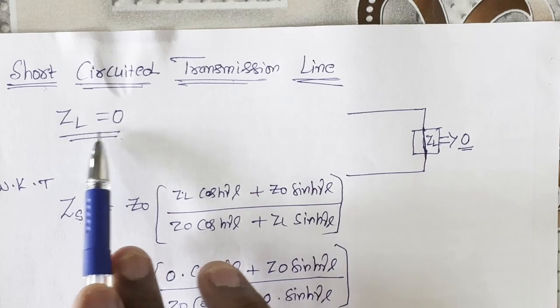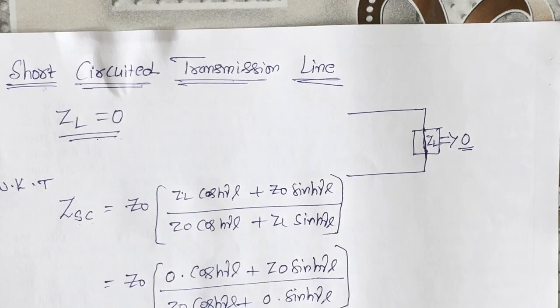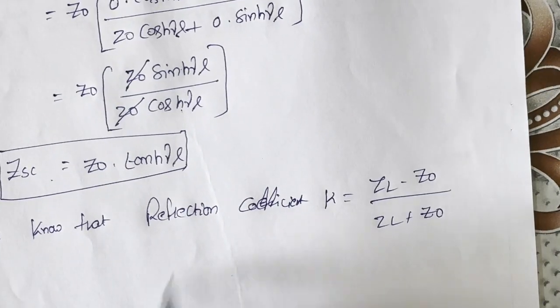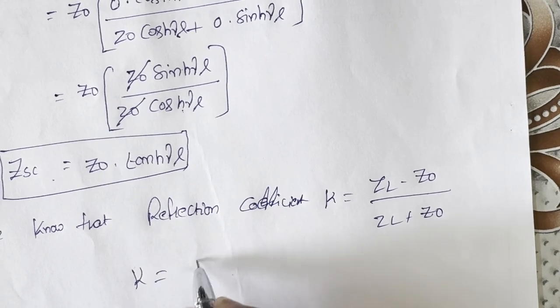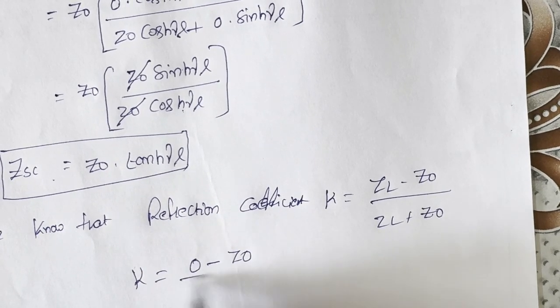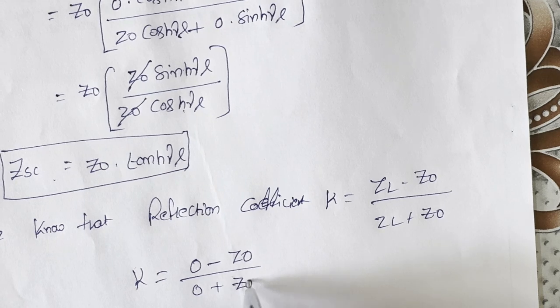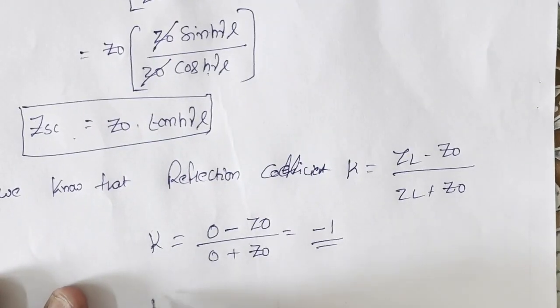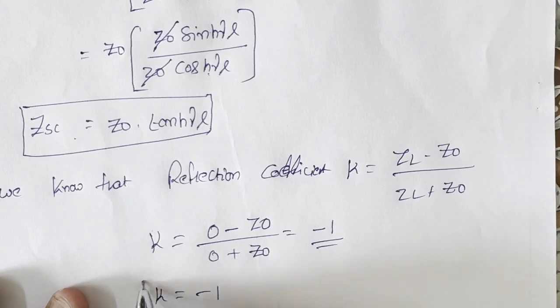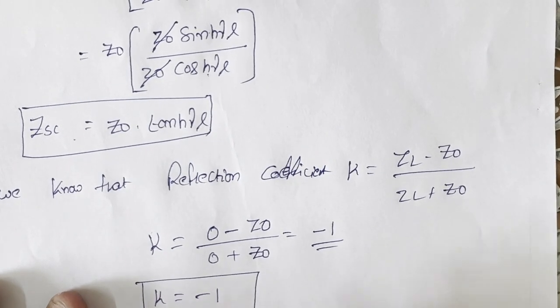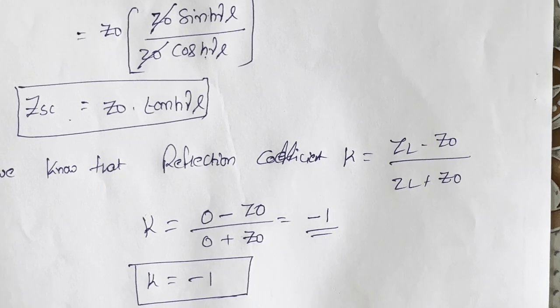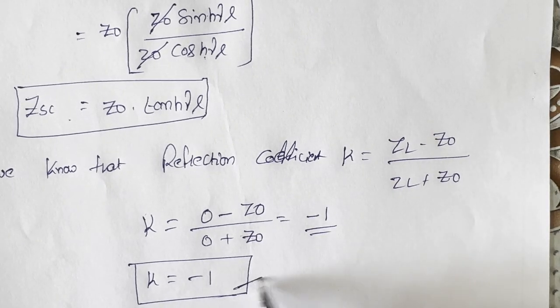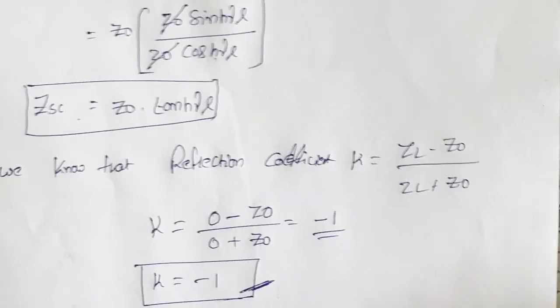Then K is equal to 0 minus Z0 by 0 plus Z0, that is equal to minus 1. In case of a short circuited transmission line, the value of reflection coefficient K is minus 1.